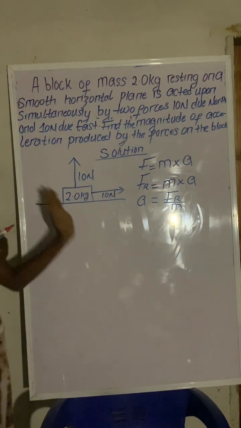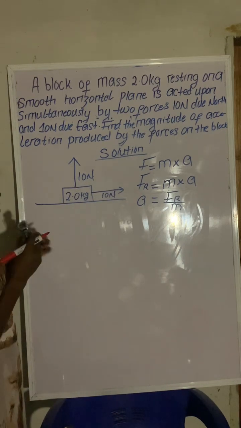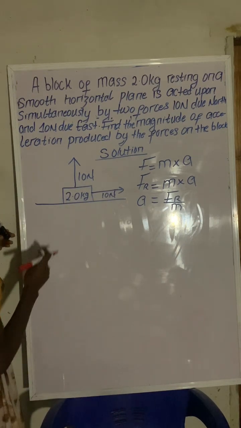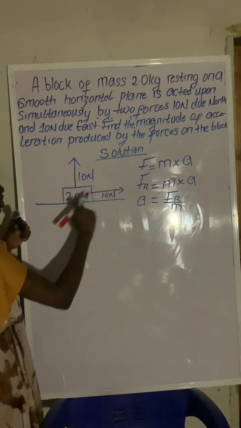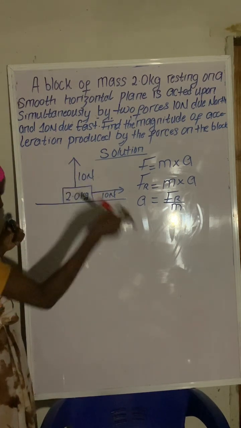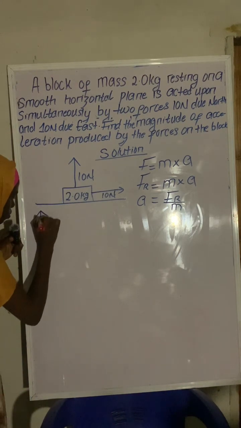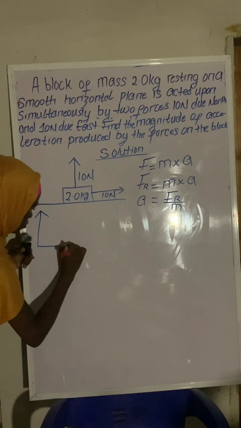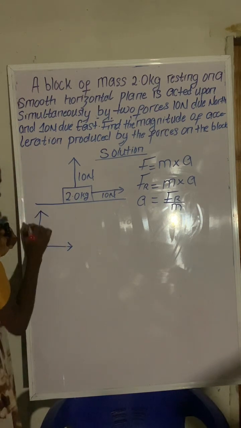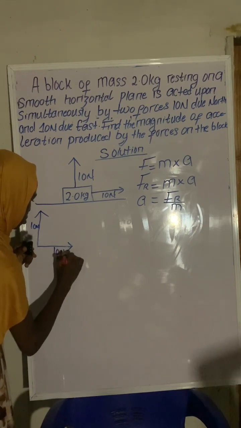So let's go back to our question. How are we going to get our resultant force? We can see that these two forces are acting perpendicular to one another, at angle 90. So let's bring it out. 10 Newton, 10 Newton.